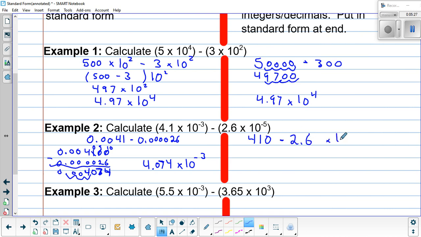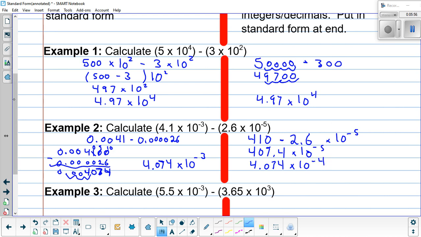This will all be times 10 to the minus 5. So 410 minus 2.6 is 407.4, and that's times 10 to the minus 5. Make sure you keep writing that times 10 to the minus 5, or else you just might forget. And at the end, we just move the decimal place twice, so we write it as times 10 to the minus 3.